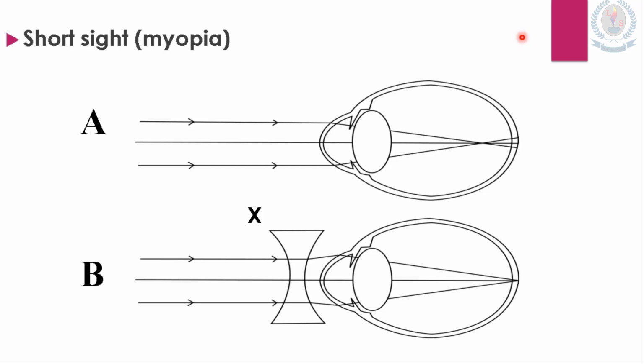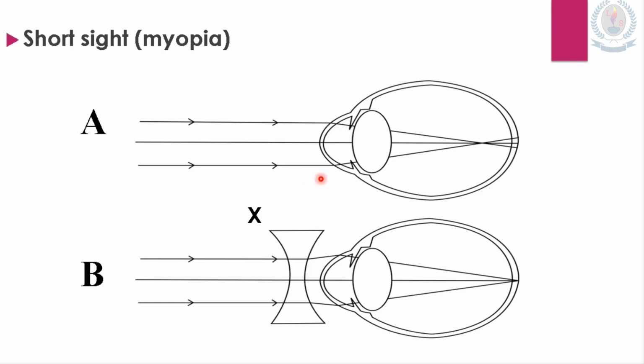The second one, short sight, myopia. Short sight is known as myopia. When a person has the defect of myopia, that person can see close objects clearly, but distant objects are not clear. Diagram A shows the defect of myopia.